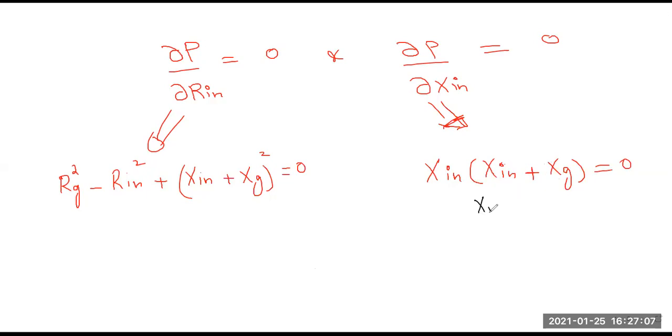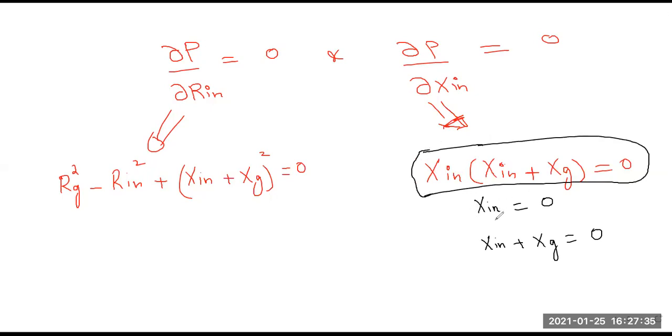Either this condition is true if Xn is equal to 0, so the left hand side will become 0, or the other possibility is that Xn plus Xg is equal to 0. Both of these cases are mathematically possible interpretations.